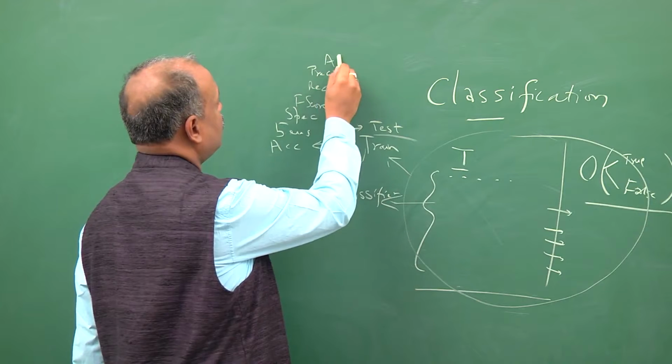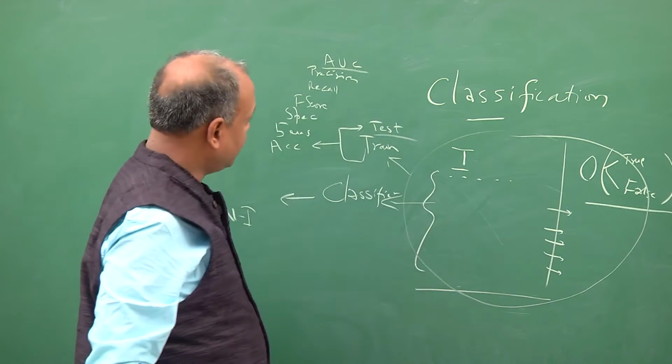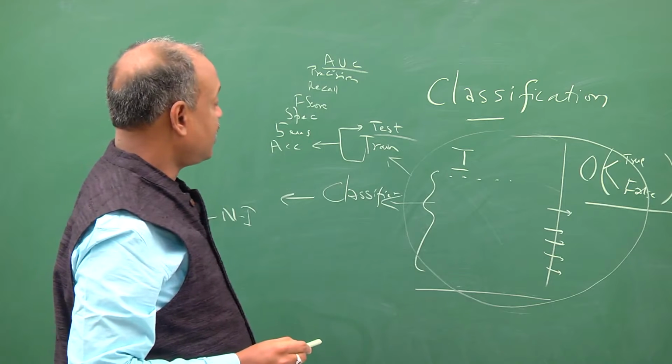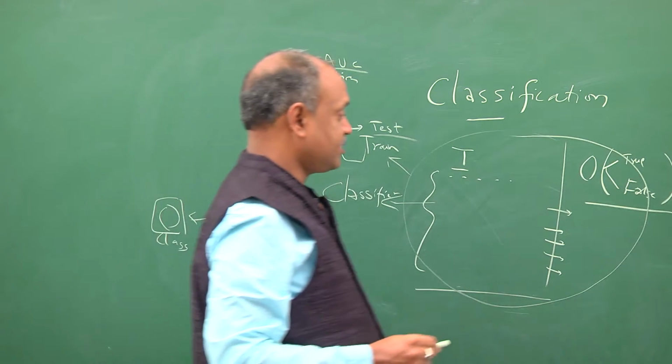Then we also saw how techniques like the area under the curve of an ROC curve make sense for understanding how good a classifier is.